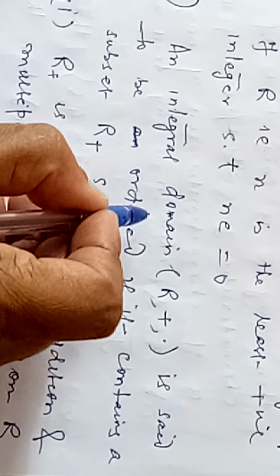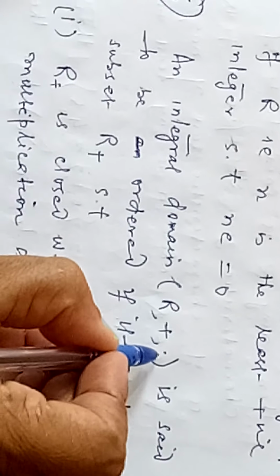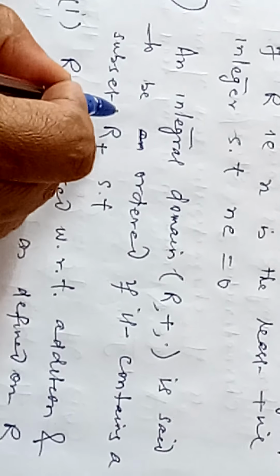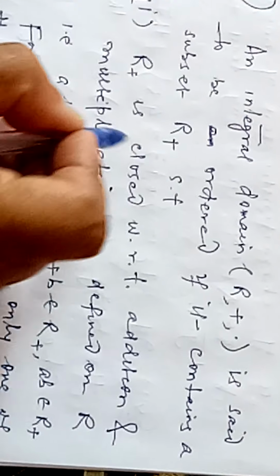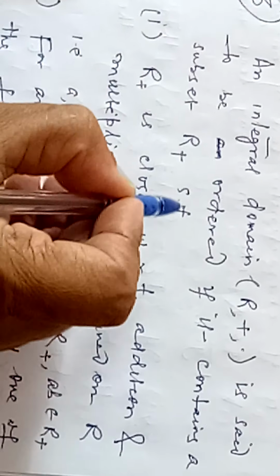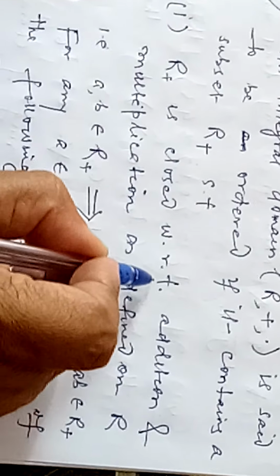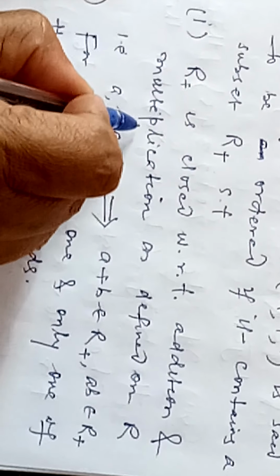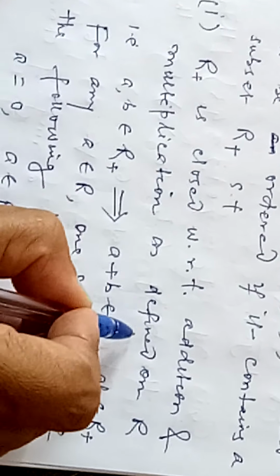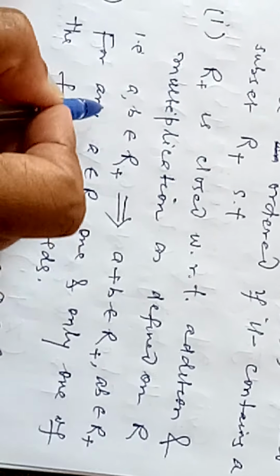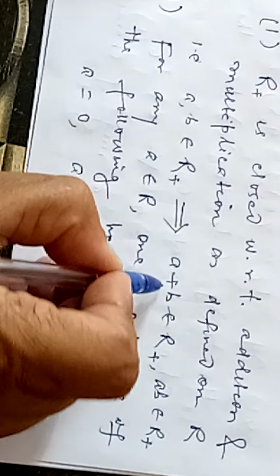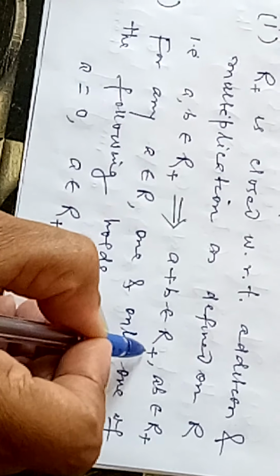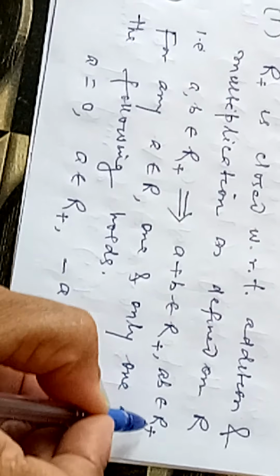Number 3, an integral domain R plus dot is said to be ordered if it contains a subset R plus such that, number 1, R plus is closed with respect to addition and multiplication as defined on R. That is, a, b belonging to R plus implies a plus b belongs to R plus and ab belongs to R plus.